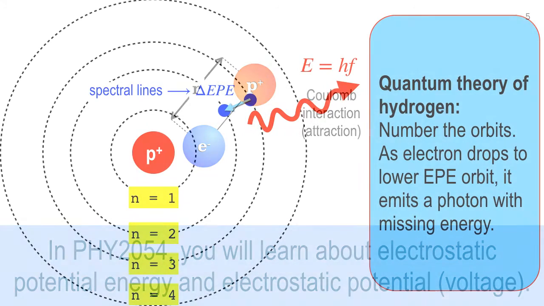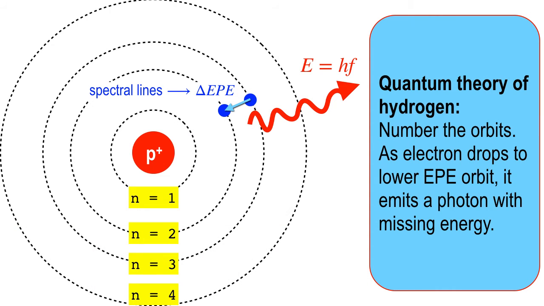To understand the quantum theory of hydrogen, the fact that you have countable energy levels and no others, and that when the electron drops from n equals 3 down to n equals 2, it emits a red photon of light, the H alpha photon, a very specific color.